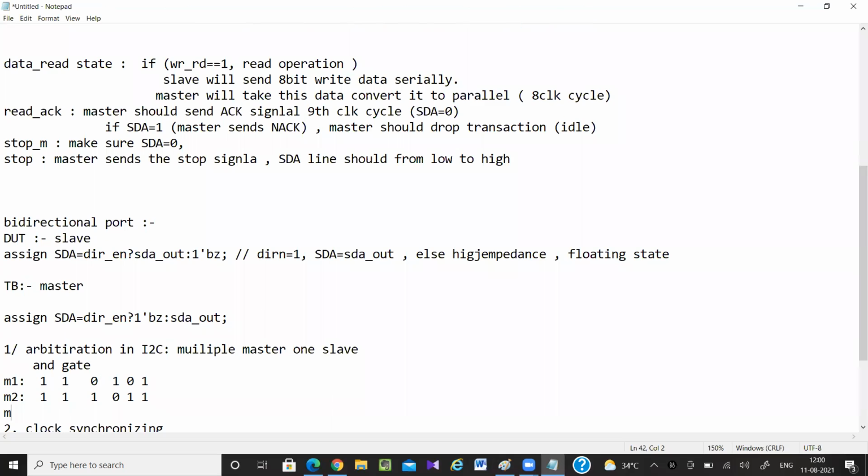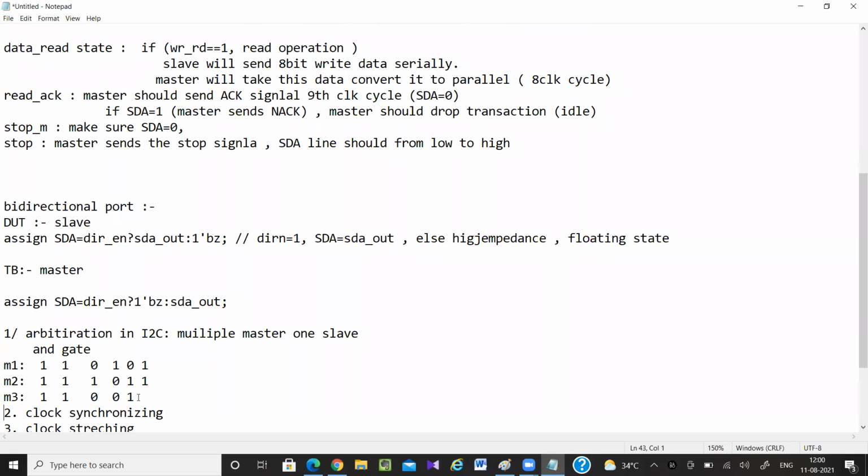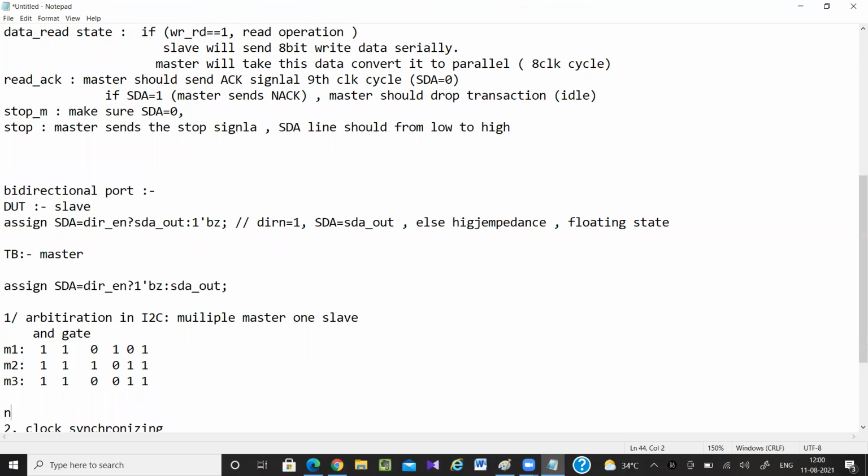Now master 3 is sending, let's say, 1, 1, 0, 0. So all of them will start sending at a time. Now there is no select line. So now the AND gate output: first it will be 1, not an issue. Second it is 1, not an issue. Third value will be 0.